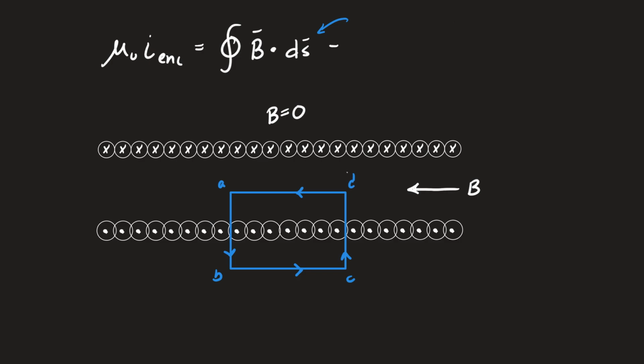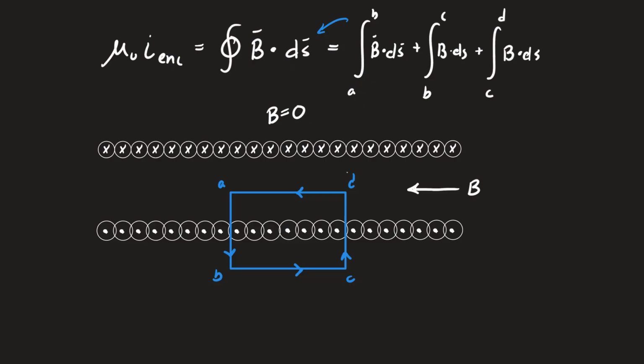So again, first thing I want to do is take this and make sure I'm integrating over one complete path. So B dot ds from A to B plus B dot ds from B to C plus B dot ds from C to D plus B dot ds from D back to A. And these are all dot products.